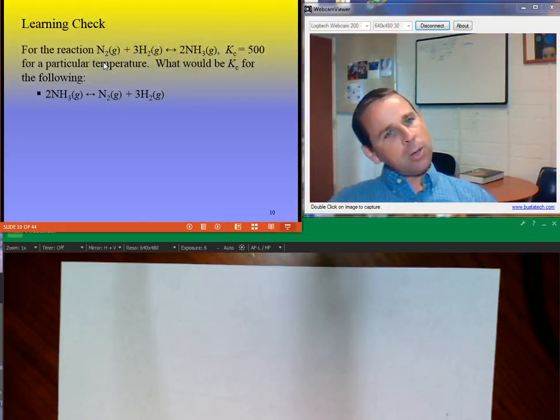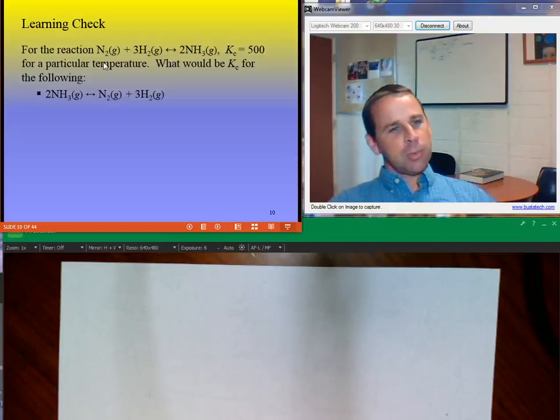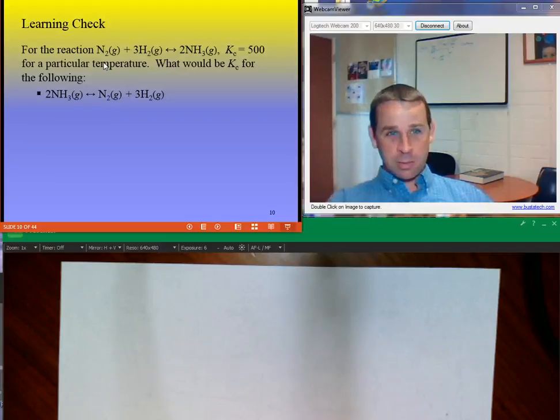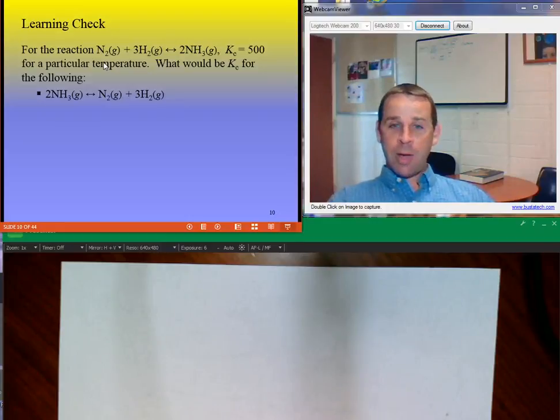Now we have to answer the question: what is the Kc for this reaction below, which is the reverse reaction? Do you know what the value would be? Take about 5 seconds, or as much time as necessary. Push pause right now, see if you can answer it. And I'm going to tell you what's going on here.